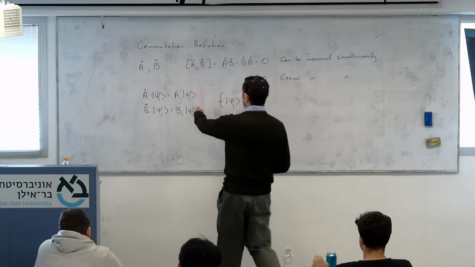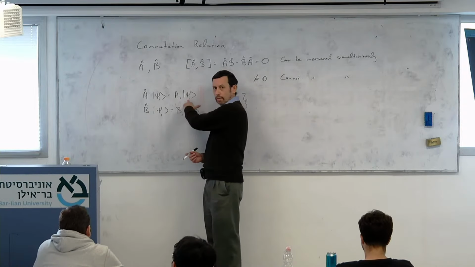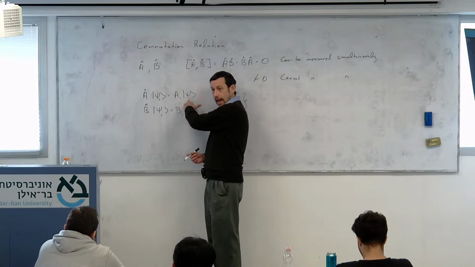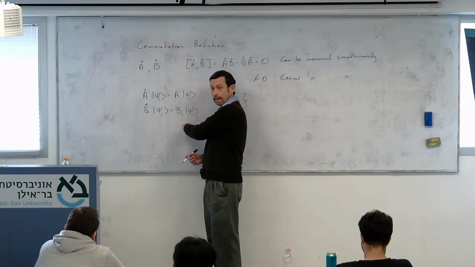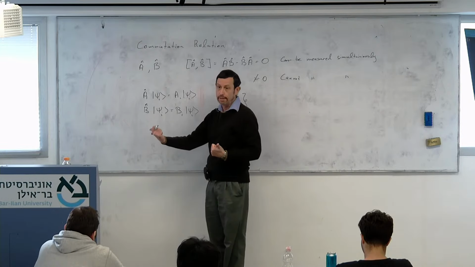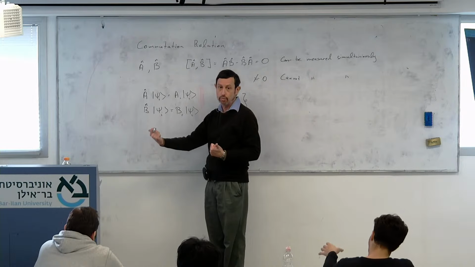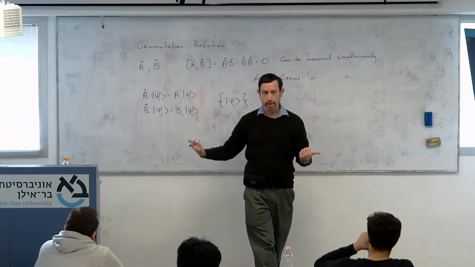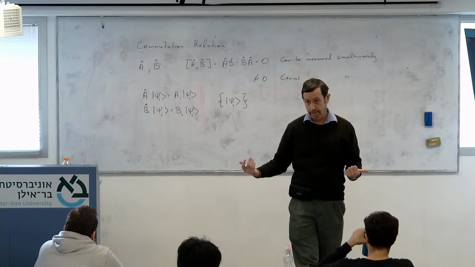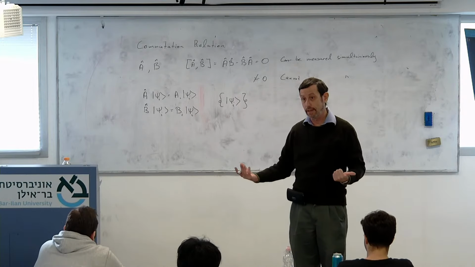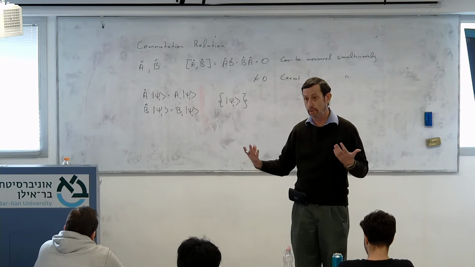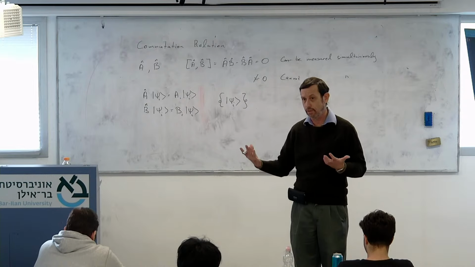Otherwise, I measure some value of A, which gives me a psi I, and this psi I is not an eigenvector of B, so measuring B will have some probability of coming out with one result and some probability with another. Therefore, after I measure A, I don't know definitely what the values of B are.